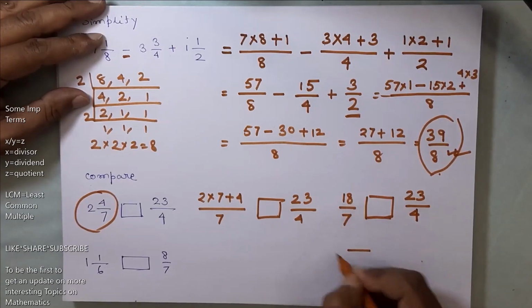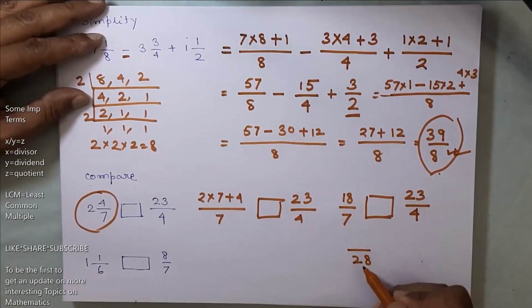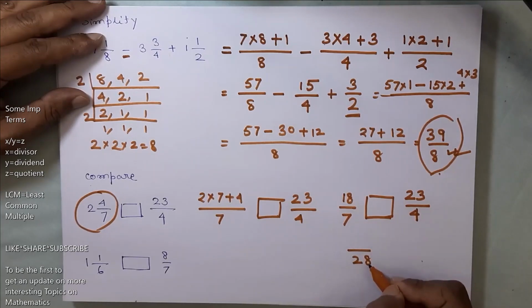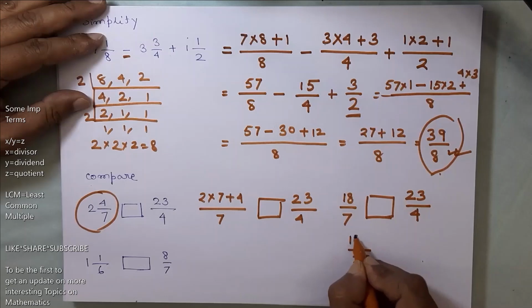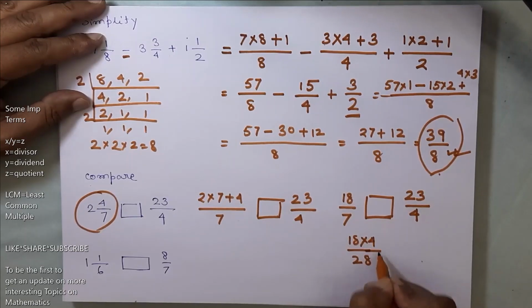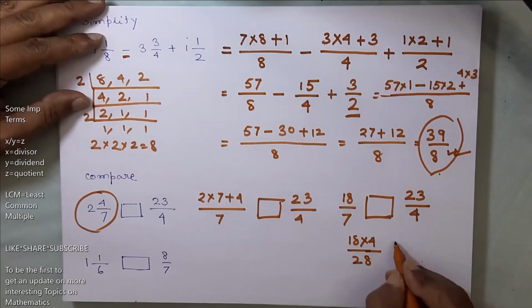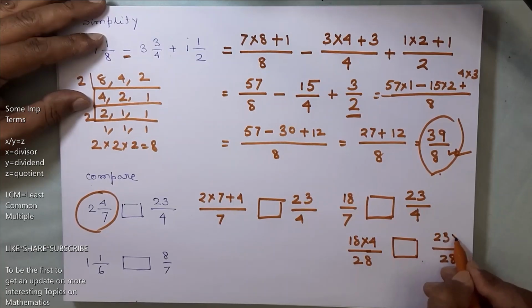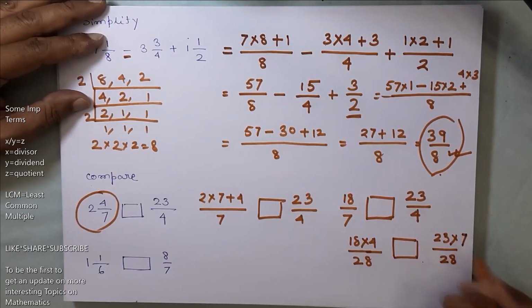So this fraction will change to 28. Now 28, if I divide it by 7, so 7 will be your divisor and 28 will be your dividend, and the quotient will be your 4. So 18 multiplied by 4, the quotient has to be multiplied with the numerator. The same way, if I change the fraction, the denominator as 28, I have to accordingly multiply the numerator with the quotient, which is 7 in this case.